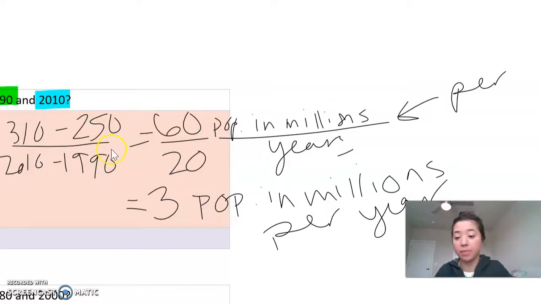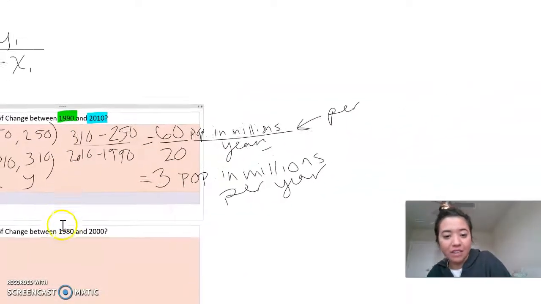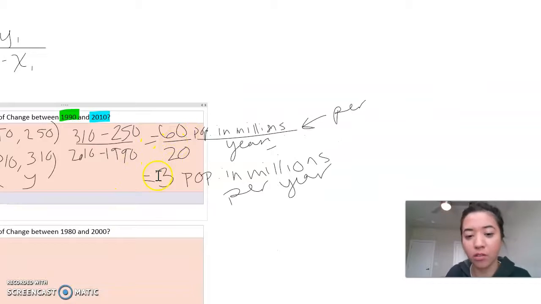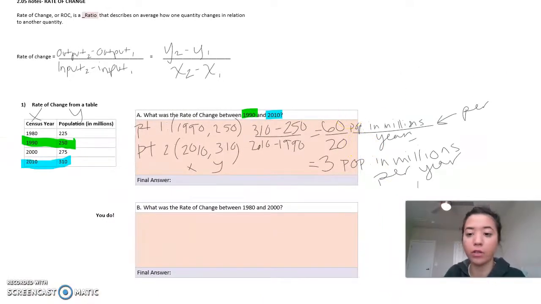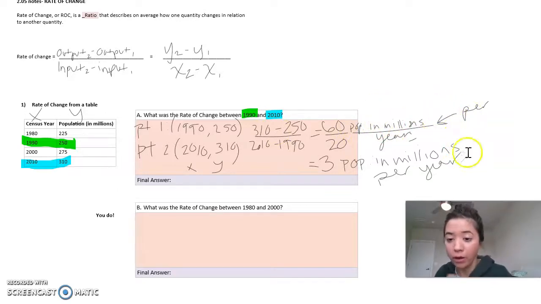And what that means is because the 3 is positive, this means that my population is growing by 3 million per year. So again, include your units in the fraction here. And the fraction means the word per. So this would mean my population is increasing by 3 million per year.